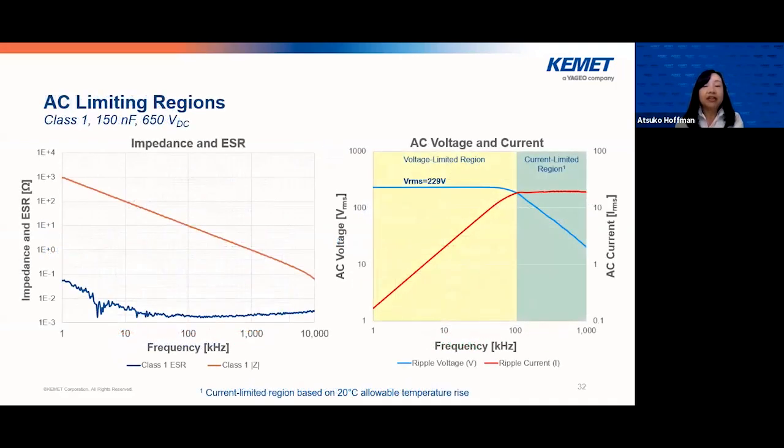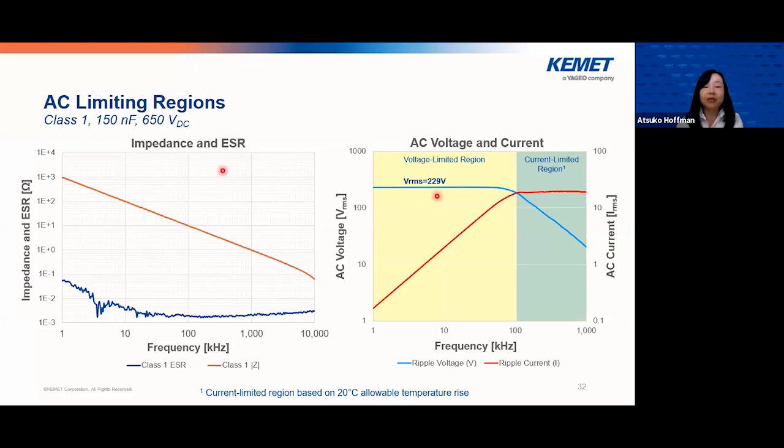And if you look at a class 1, 150 nanofarad, 650 volt DC part, here is the actual ESR versus frequency curve from KSIM. And here is the current and voltage versus frequency curve. Based on the 650 volt rated voltage, you can calculate an RMS voltage of 229 volts.